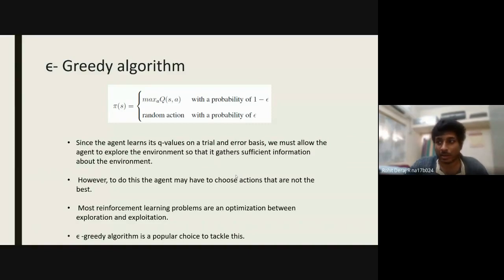Otherwise, you have the risk of ending up in a minima. So for that, you want to introduce some exploration in the algorithm. You do that by using the epsilon greedy algorithm. What this does is, you choose an action corresponding to the maximum Q value with the probability of 1 minus epsilon, and you choose some random action with the probability epsilon.